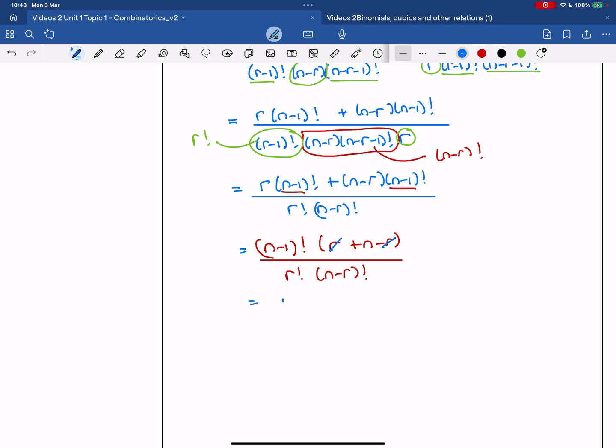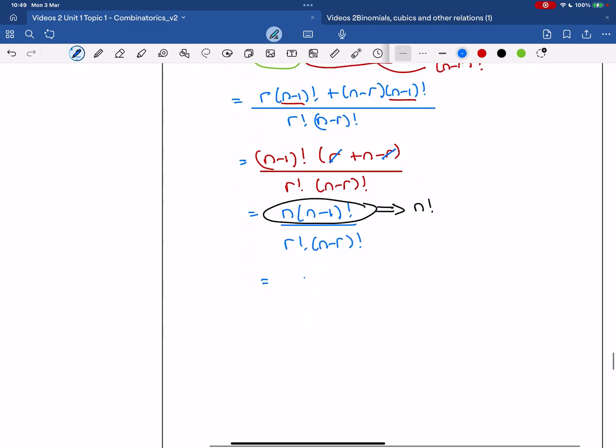So I've got n times n minus 1 factorial over r factorial n minus r factorial. And we know that n times n minus 1 factorial is actually equal to n factorial. So that's equal to n factorial over r factorial n minus r factorial. Wow, and that's equal to our left-hand side.